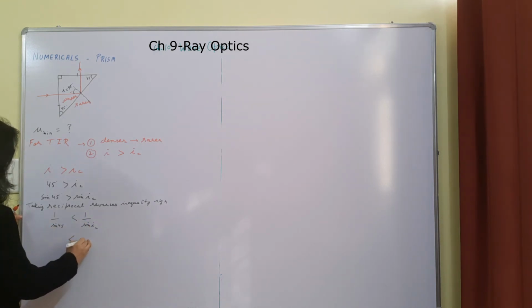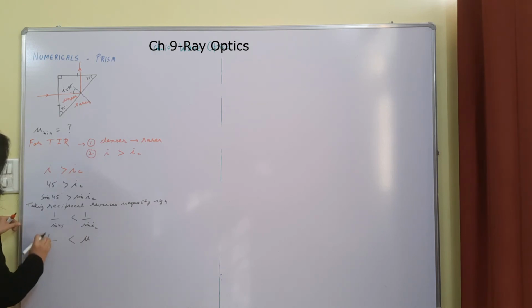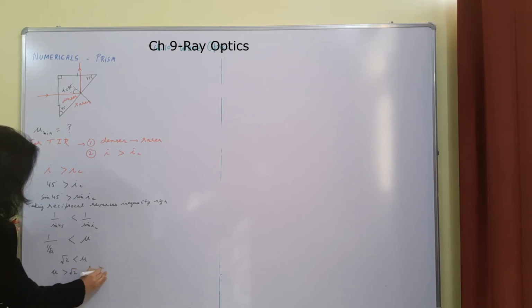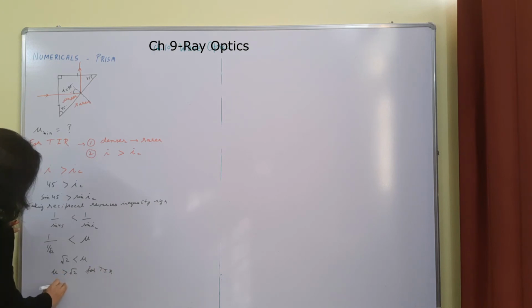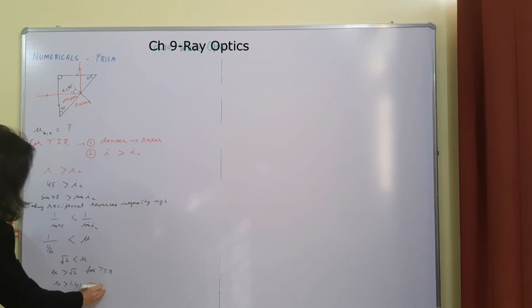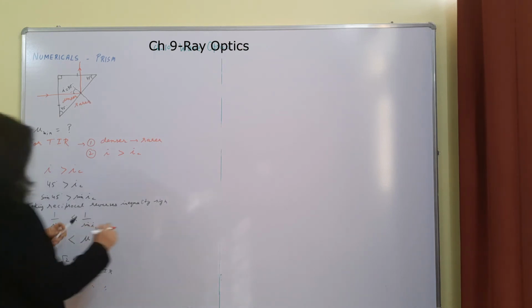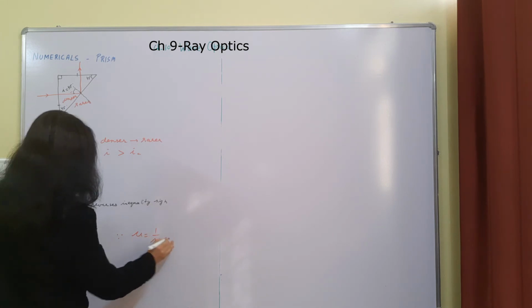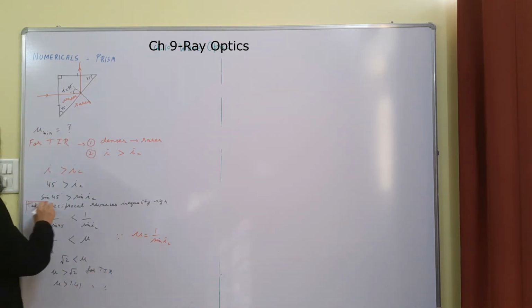And 1 upon sine IC can be written as mu, and 1 upon sine 45 is 1 upon root 2. So this gives me root 2 is less than mu, or you can say mu must be greater than root 2 for TIR. That means mu must be greater than 1.41 for TIR to take place. Now here, since mu is equal to 1 upon sine IC, this is also an important thing which we are using from mathematics.